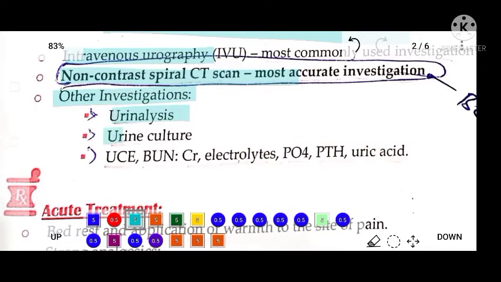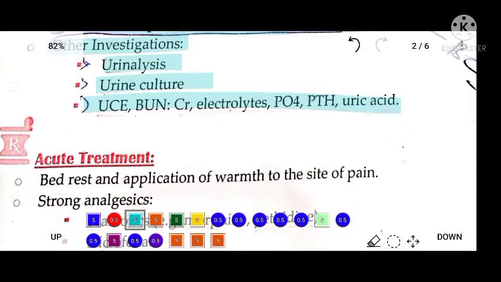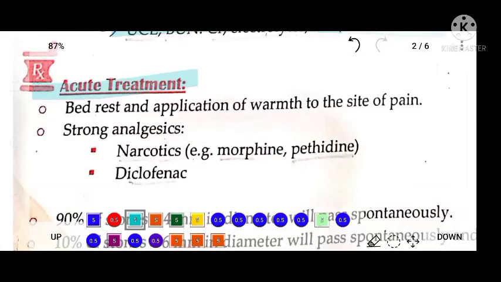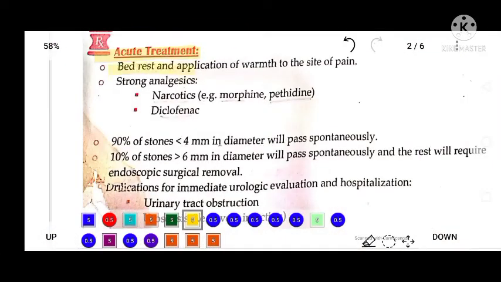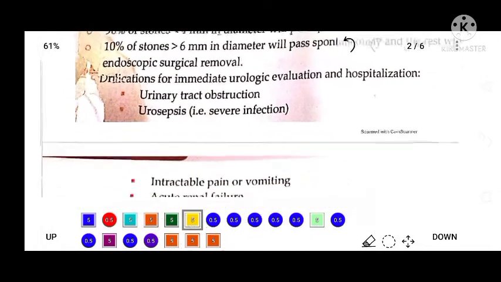Other investigations: urinalysis, urine culture, blood urea nitrogen, creatinine, electrolytes, parathyroid level, phosphate level, and uric acid level also. Acute treatment of these stones: give bed rest to the patient, and strong analgesics should be given, like narcotics, morphine, and diclofenac.